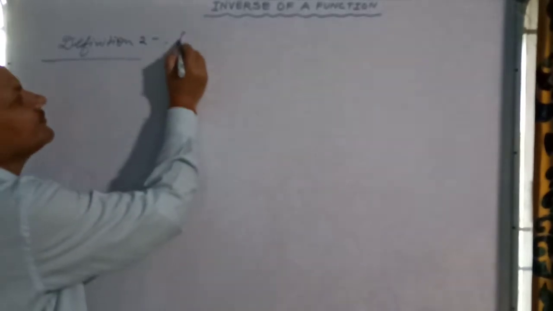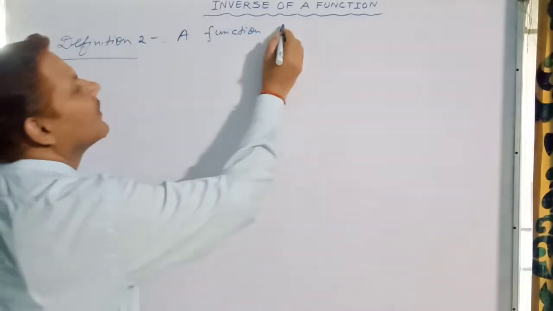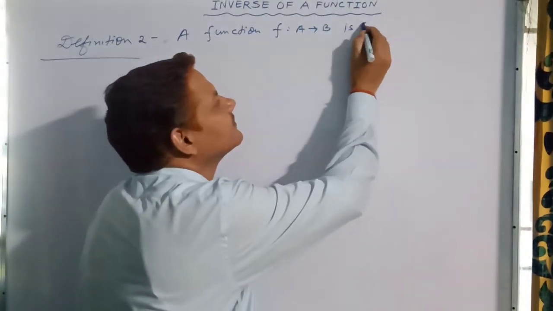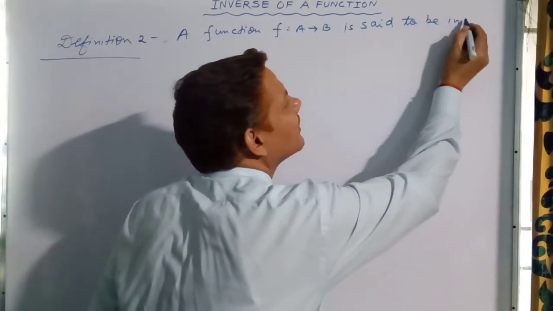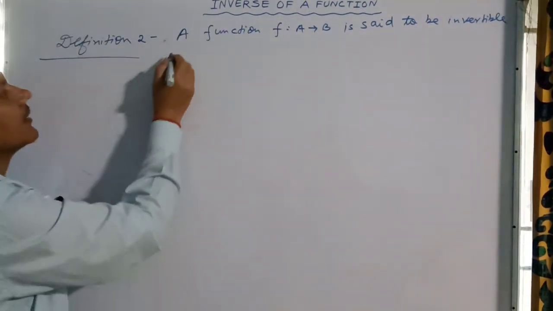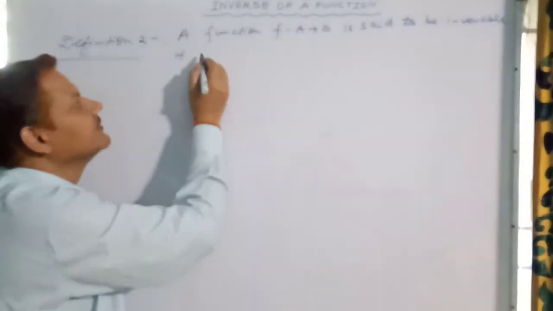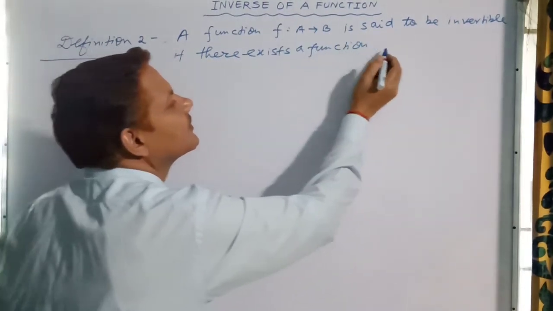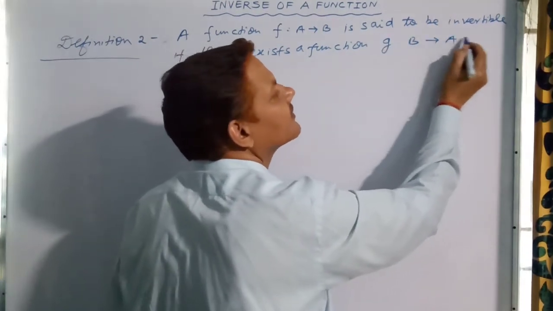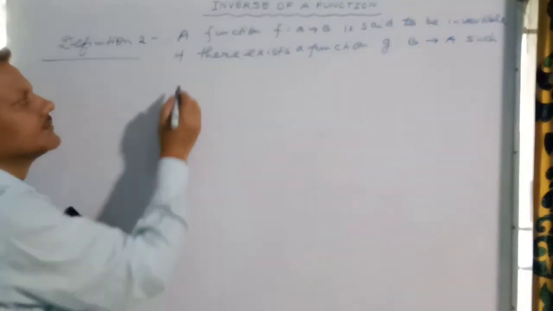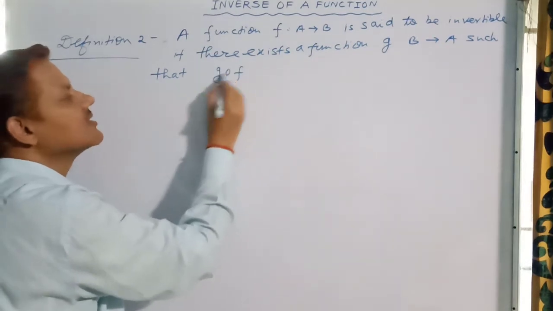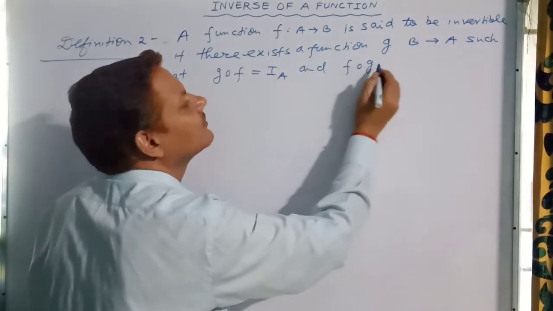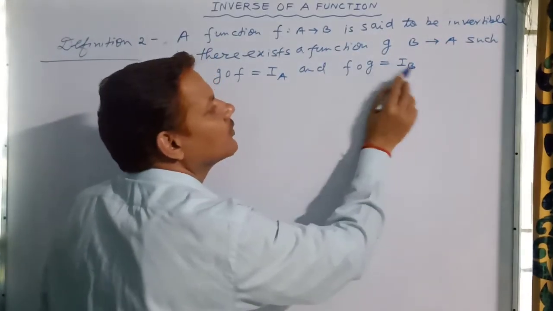A function f from set A to set B is said to be invertible if there exists a function, denoted by g from B to A, such that f composition g is equal to the identity function on the domain of f, and g composition f is equal to again the identity function on the domain of g.